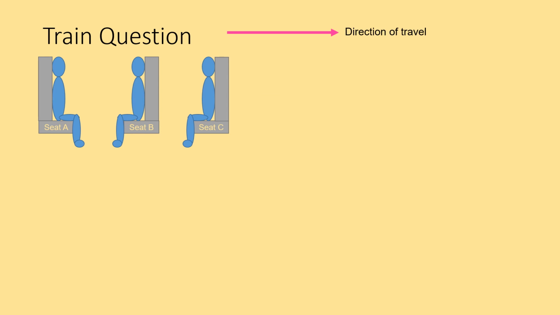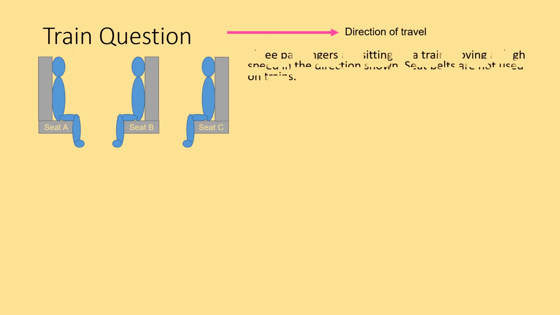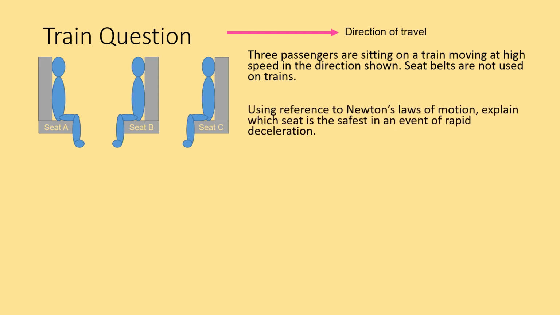We're traveling in the direction where seat A is going in the correct direction, and passenger seat B and seat C are traveling backwards. So we're moving at high speeds in this direction. Seat belts are not used on trains. Okay, that is a fact.